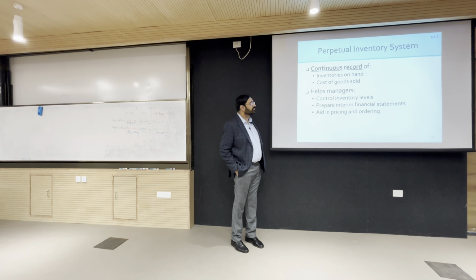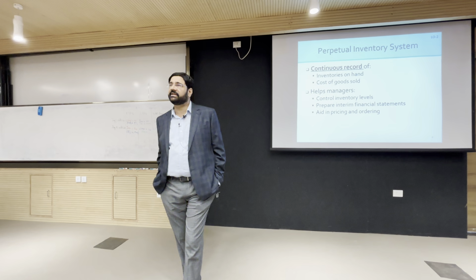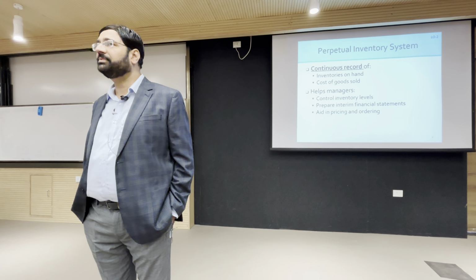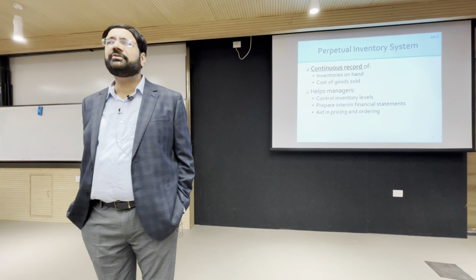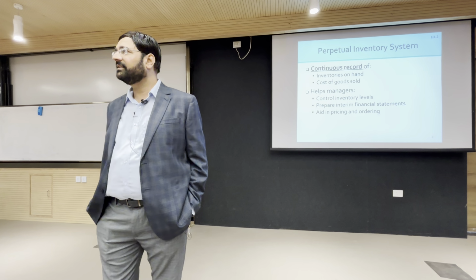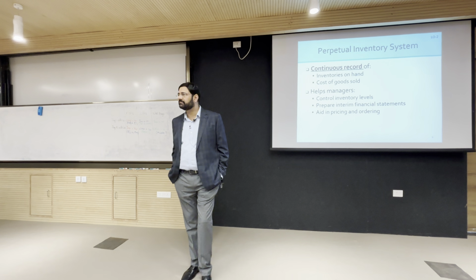There are two methods of inventory systems, or two inventory systems. One is a perpetual inventory system, second is a periodic inventory system. For all of you who have done your BCom or BBA, in India we almost always teach the periodic inventory system. So that's what you have learnt in your BCom or BBA, right?